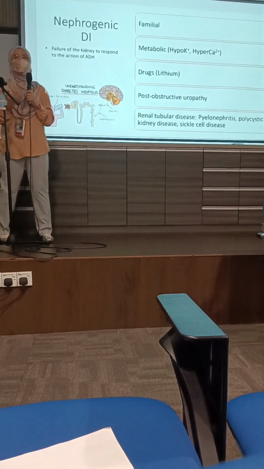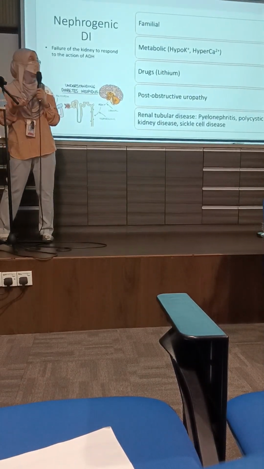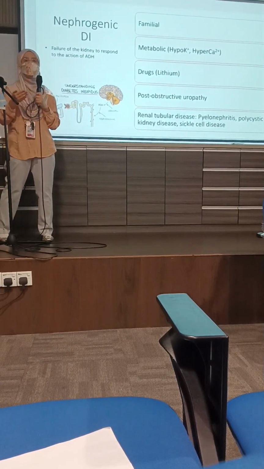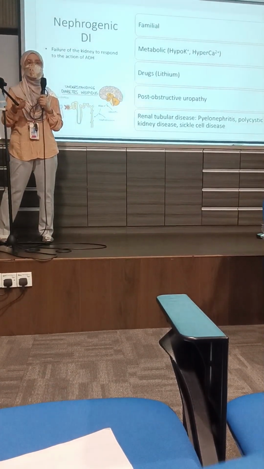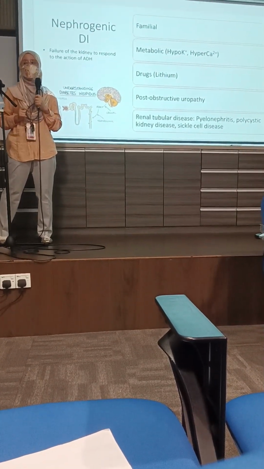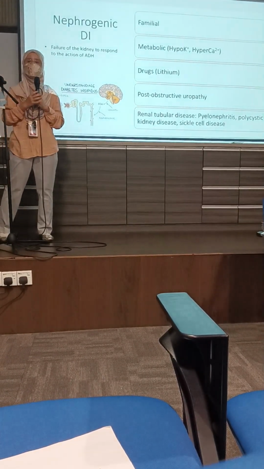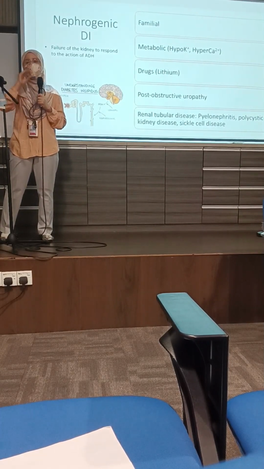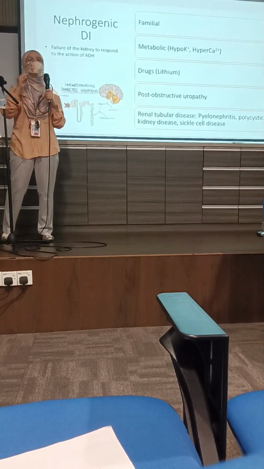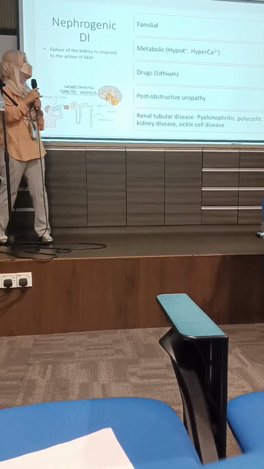It can be familial, with a mutation in the receptor, or any metabolic causes such as hypokalemia or hypercalcemia, or drugs, for example a patient with bipolar mood disorder on lithium. So this lithium can also affect the receptors. Post-obstructive uropathy or any renal tubular disease itself. So there is a problem at the tubules, which you will learn in the kidney block. Okay, so in this condition, the ADH receptor is not functioning very well.